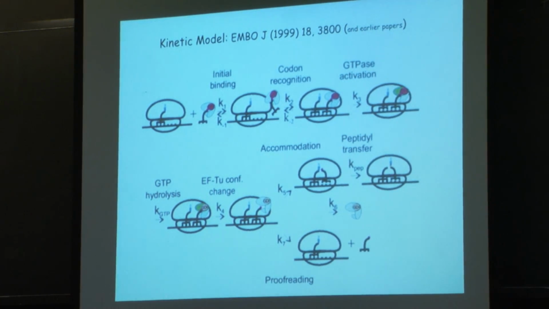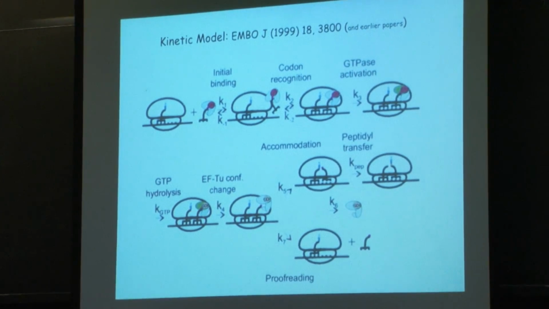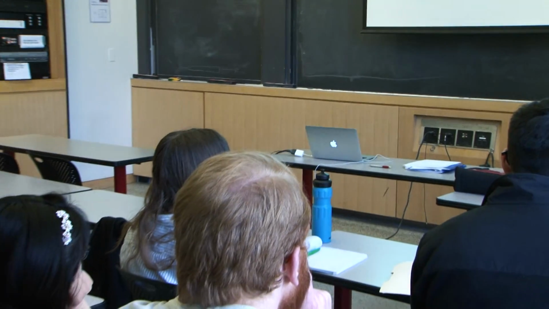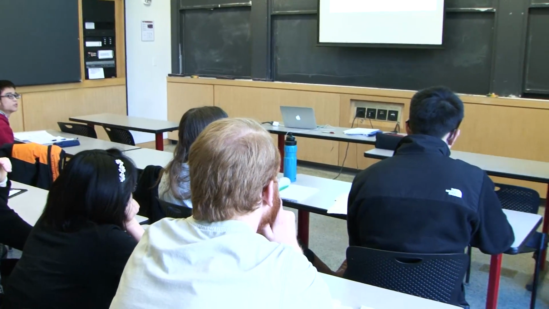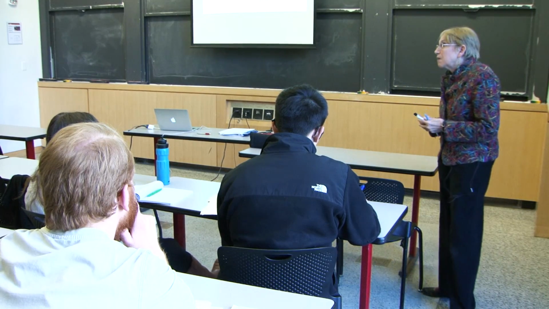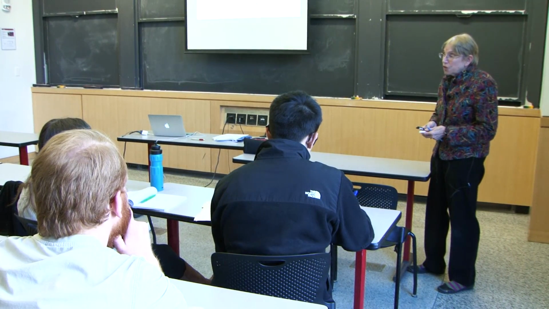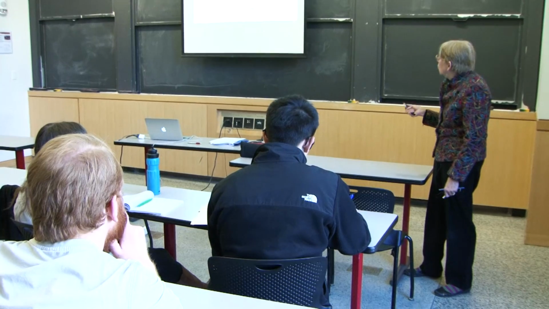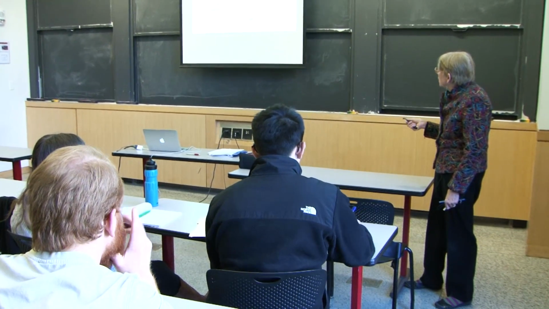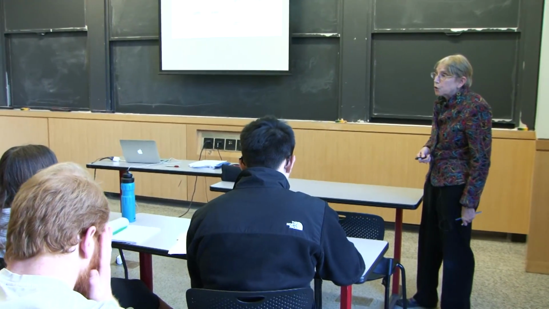Why did they use that? Do you remember what the non-hydrolyzable GTP analog was? Where's the N? It's between the beta and gamma. It's non-hydrolyzable. It is hydrolyzable, but not under the experimental conditions. So what does it do? Why would you want to use something like that to get information about the first few steps?